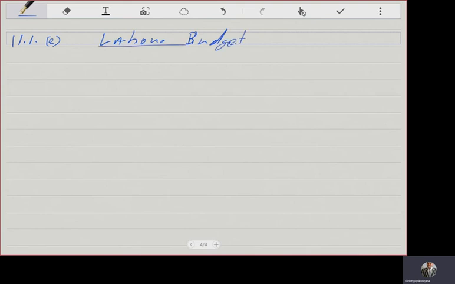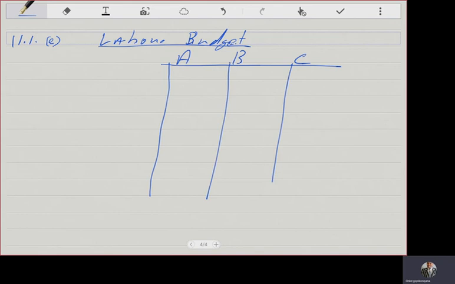The labor budget. So the best way again to do this labor budget is to go back and do A, B, and C. For then it will allow us to do our calculations correctly.